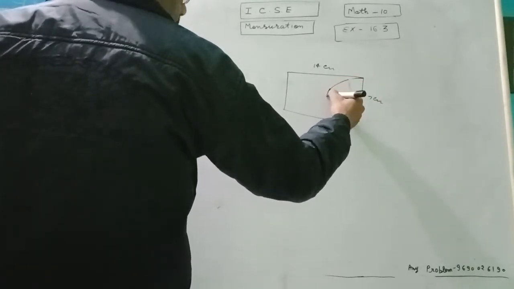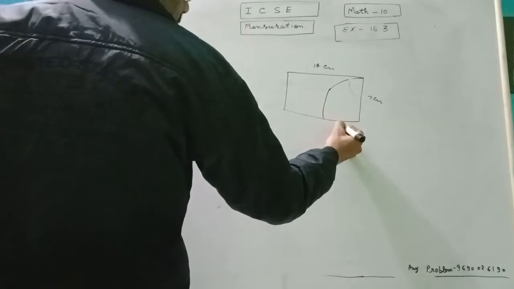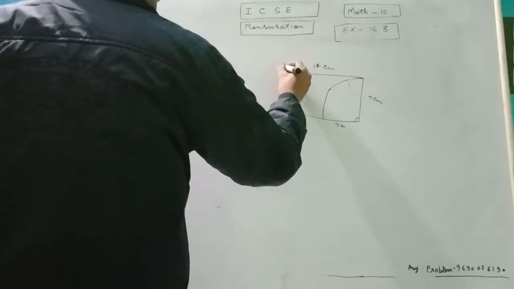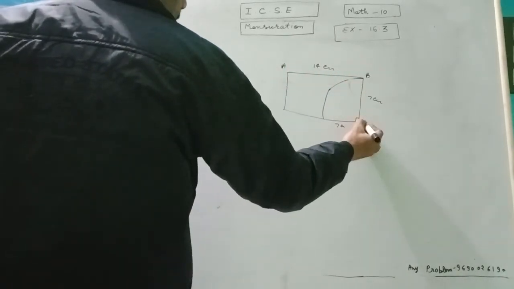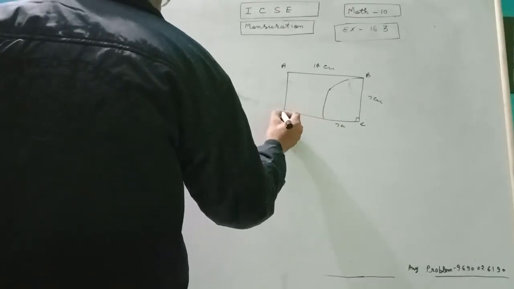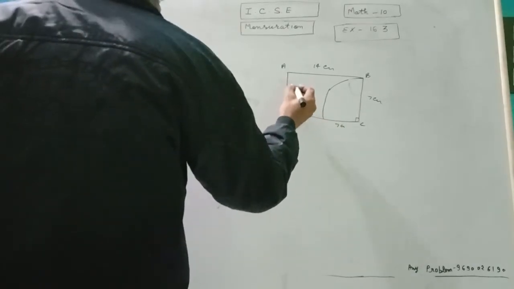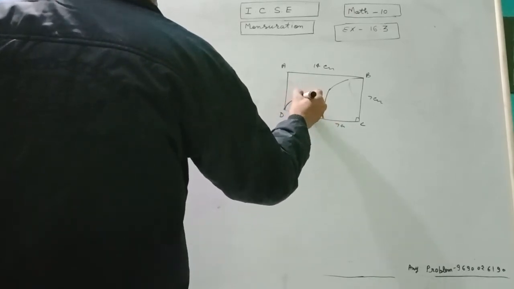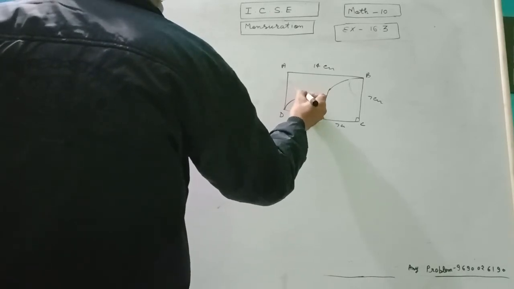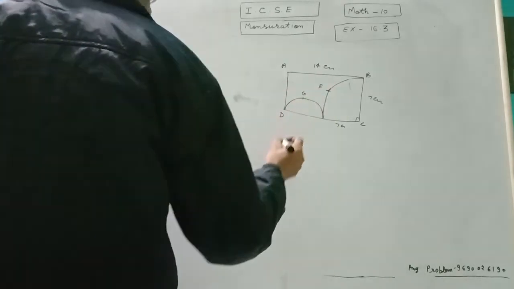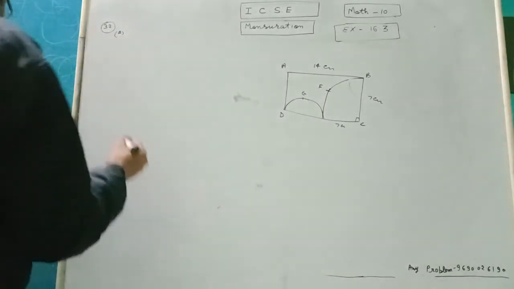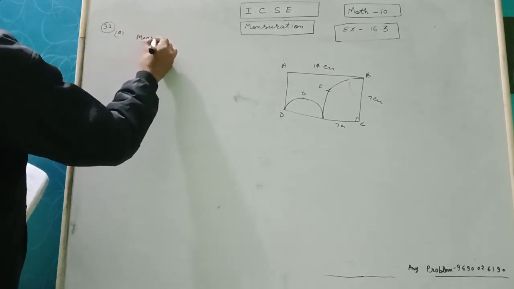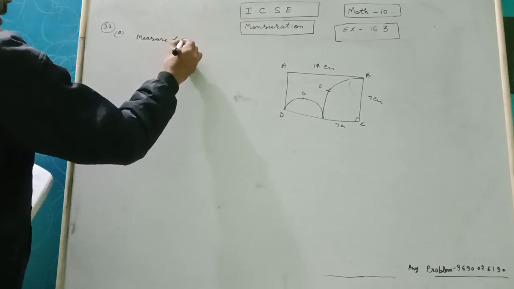Quarter is 7 cm. ABCD is a rectangle. Find the area of measure of rectangle.